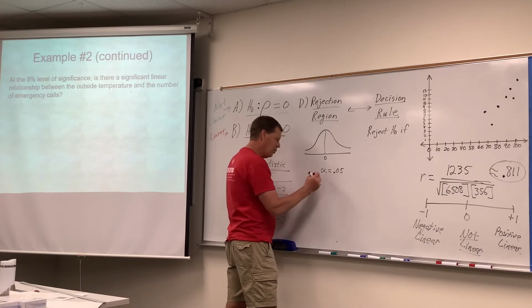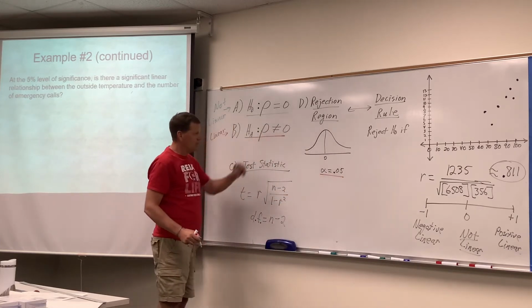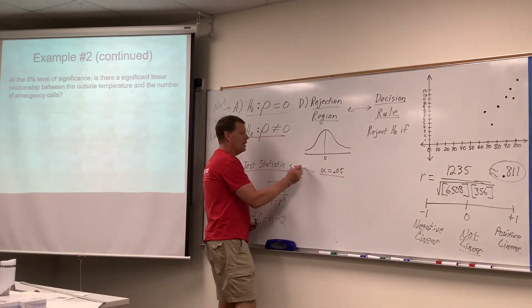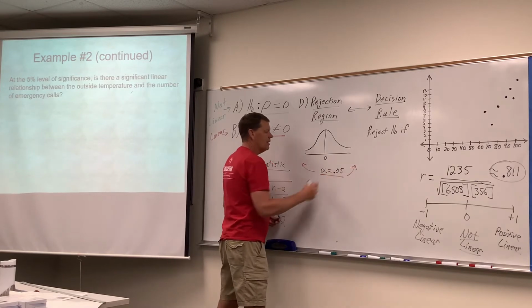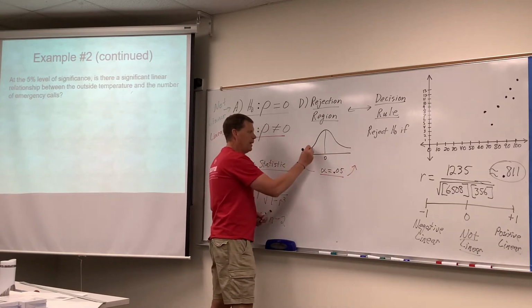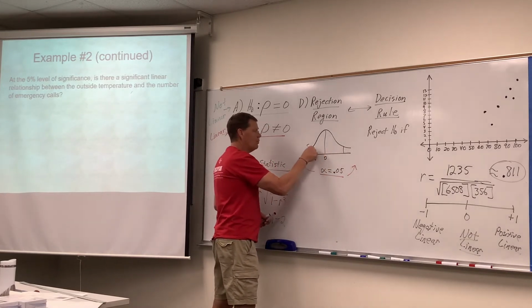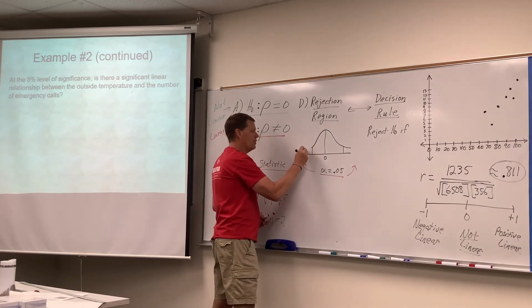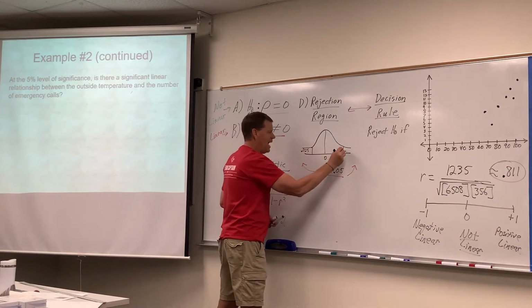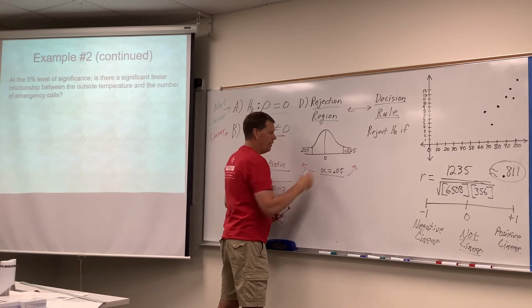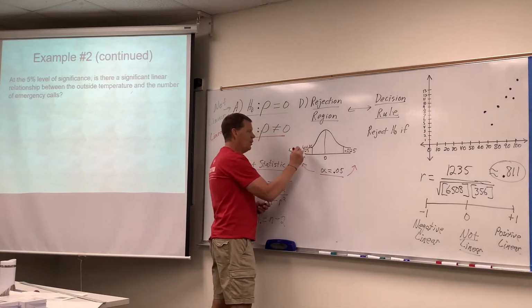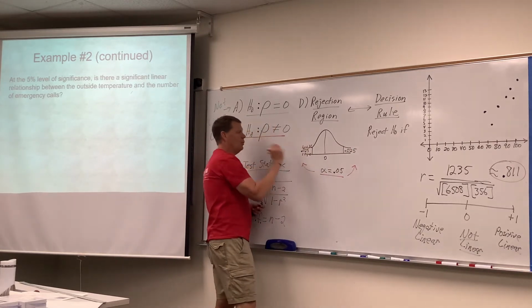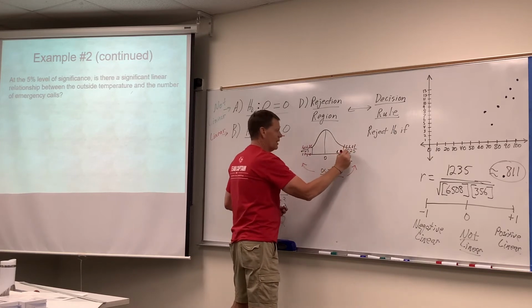Now, this is the importance of having this correct, not equal 0. We're saying you could either be significantly higher or lower, and so that would be 0.025 in each of those tails, because that's half of 5%. In other words, because of the not equal, we have a two-tailed test going on here.